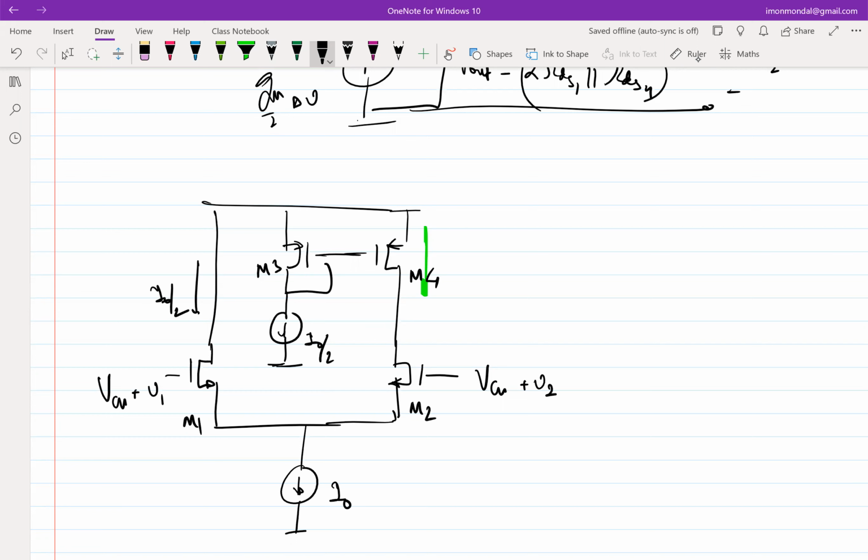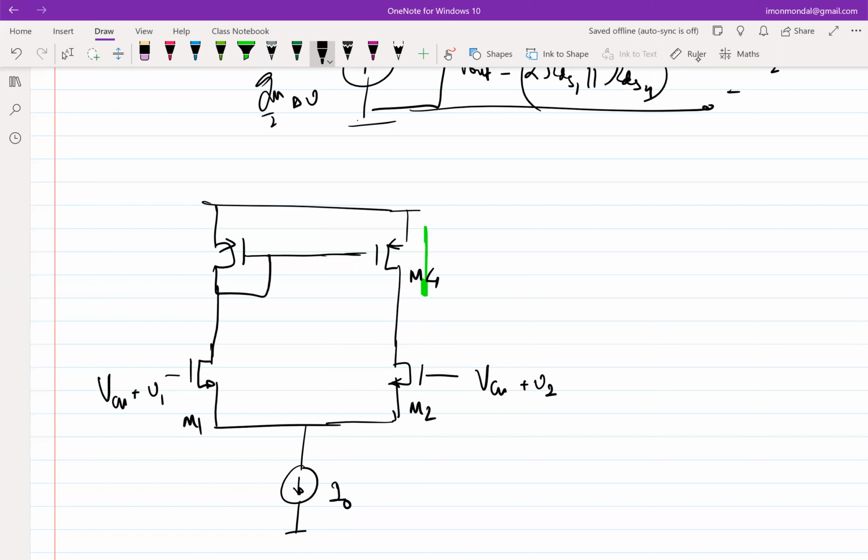We can remove this and take the current from the left branch. That branch is anyway not doing anything, just sitting and giving bias. So that's the thought process. So basically remove the mirroring part here. If this is I naught by 2, this is also I naught by 2.